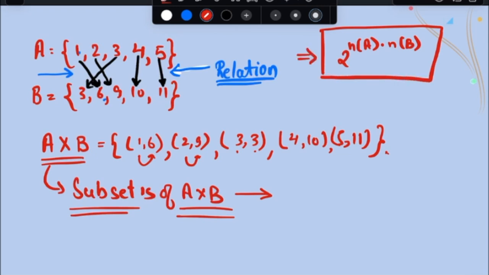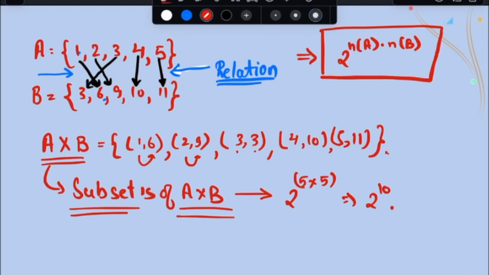Getting back to the subsets of A cross B I was talking about, it will be equal to 2 raised to the power 5 cross 5, that is 2 raised to the power 10.